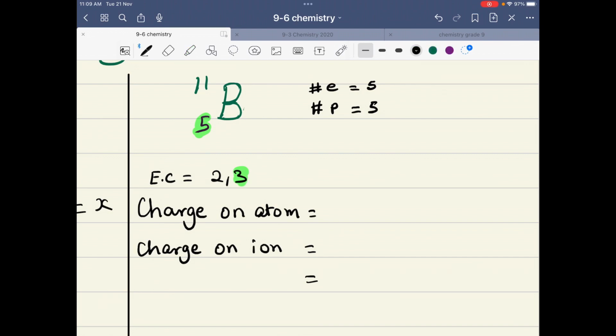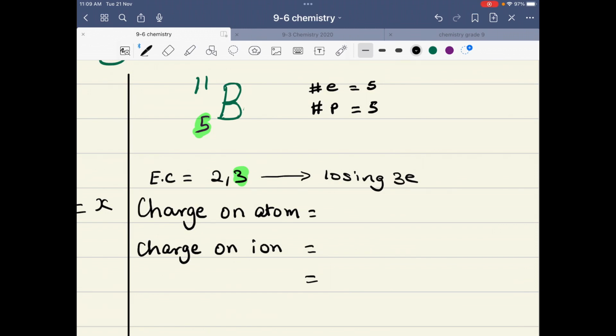Because of the valency of 3, this atom will be losing 3 electrons. Now we have determined the first part, whether it's losing or gaining. The next one is the charge. Let's start with the atom.